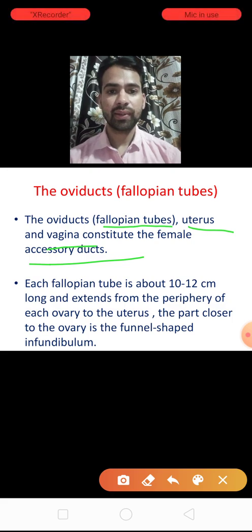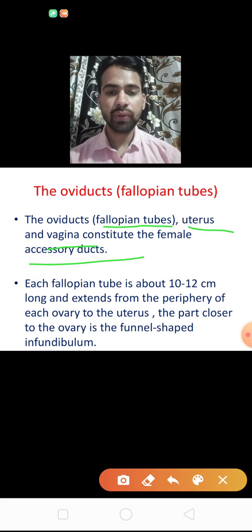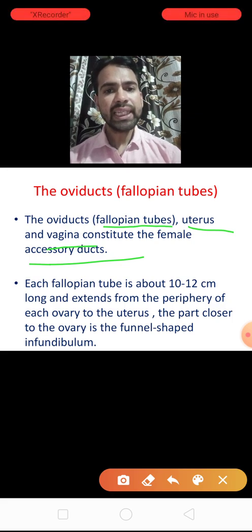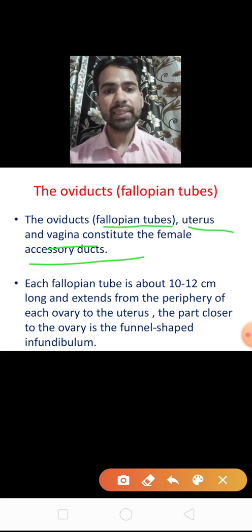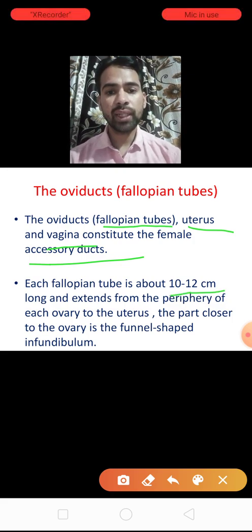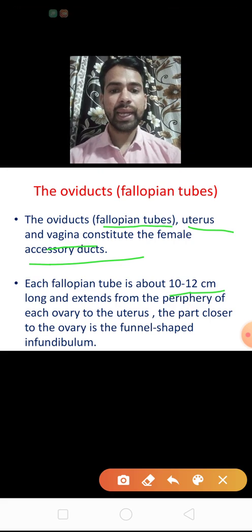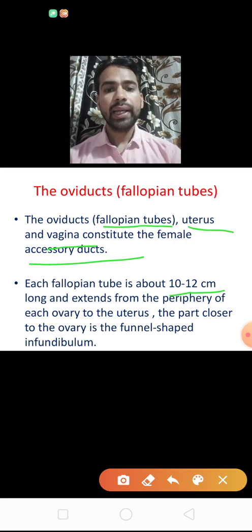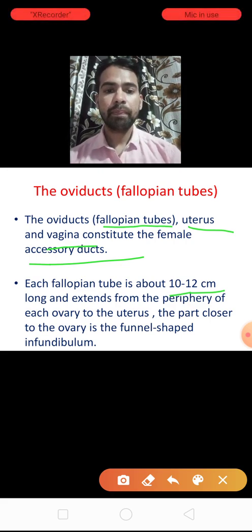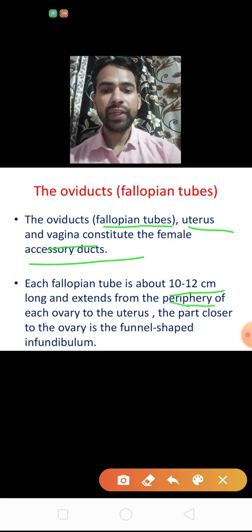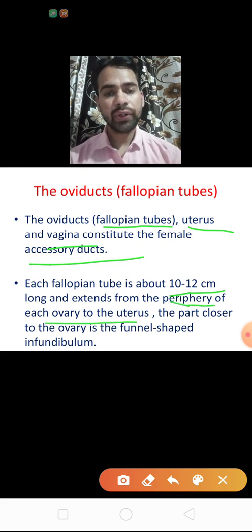Okay, each fallopian tube, meaning the two fallopian tubes that are there, each is about 10 to 12 centimeter long and extends from the periphery of each ovary to the uterus.